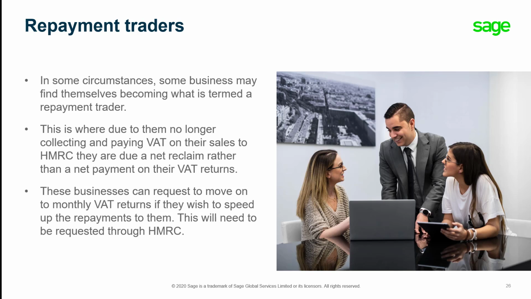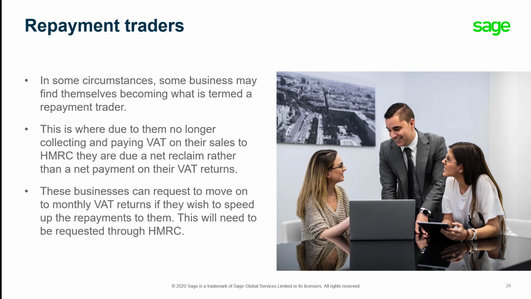At the other end of the spectrum, this legislation could create what are termed repayment traders. This is where due to them no longer collecting and paying VAT on their sales, they're actually due a net reclaim rather than a net payment on their VAT returns.